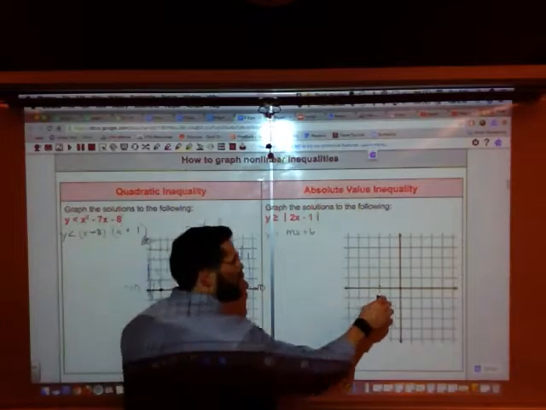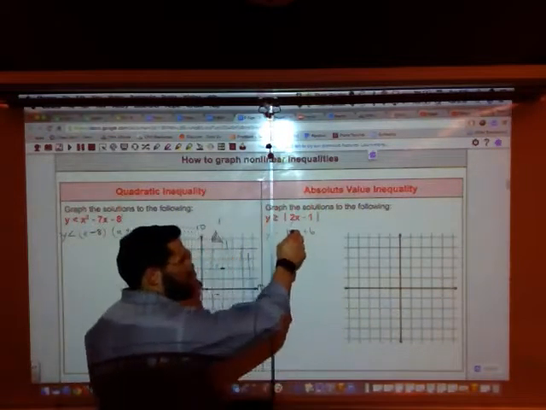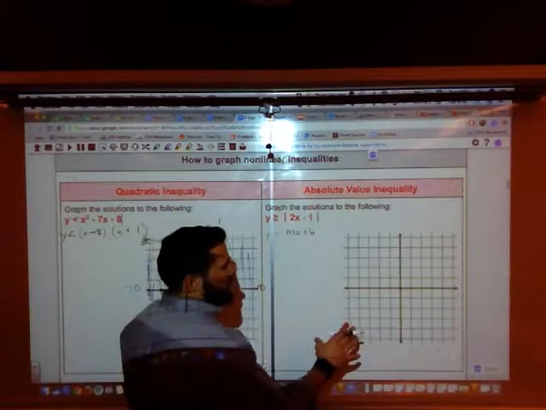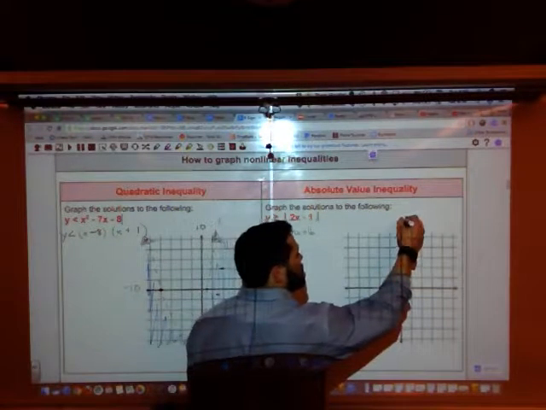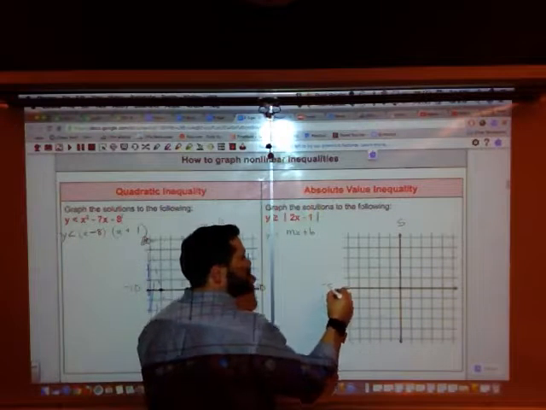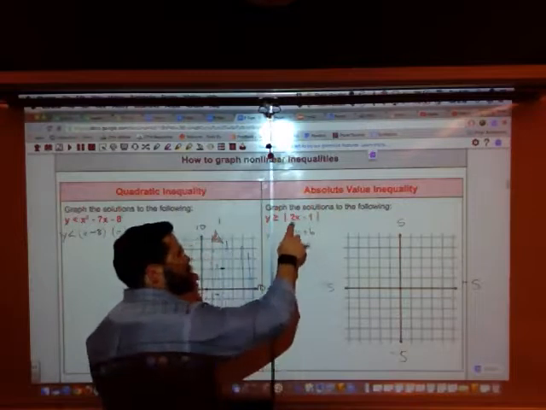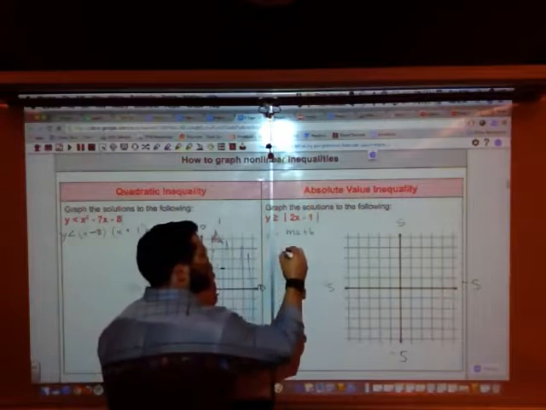So numbers to the right of the x-axis will just be following the line 2x minus 1. In this case, I can count by 1's, I'll be fine. Positive 5, negative 5.